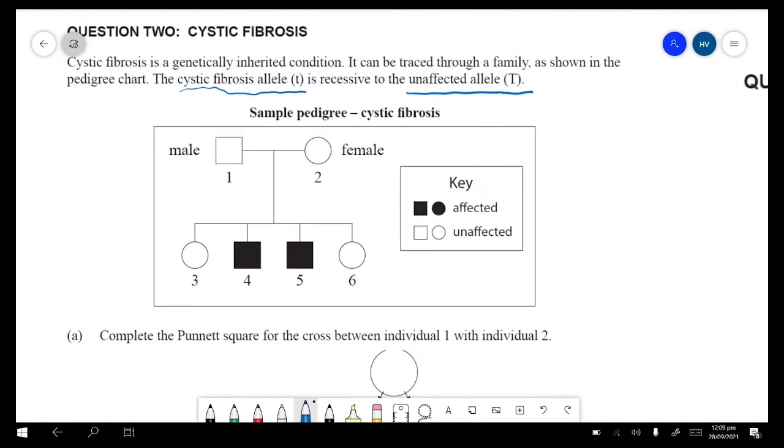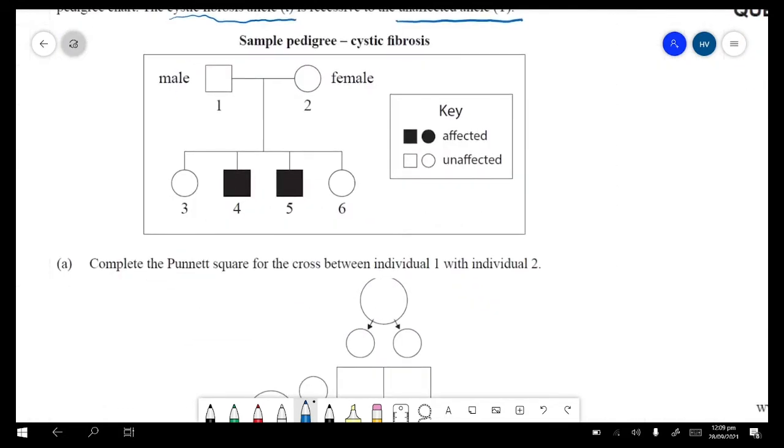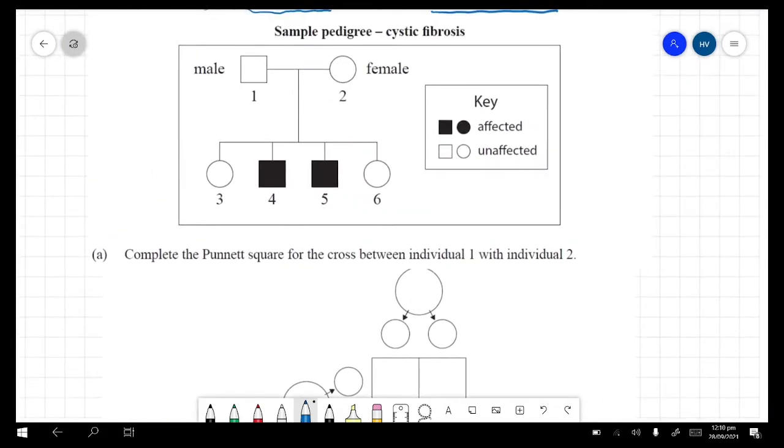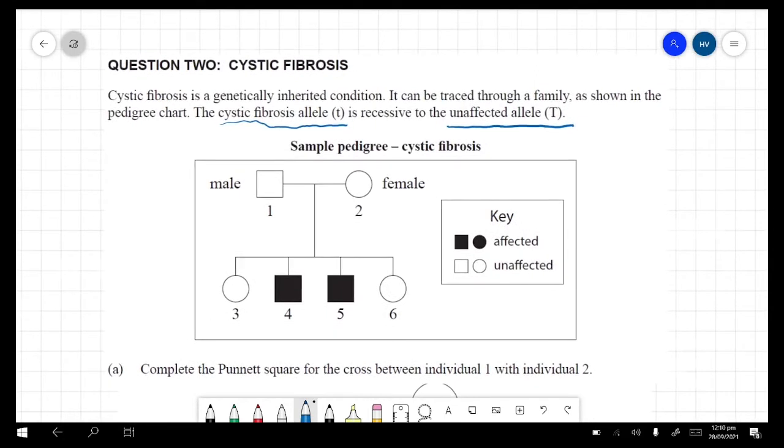So if you look at it, complete the Punnett square for the cross between individual 1 and individual 2. That is interesting. Complete the Punnett square for the cross between individual 1 and individual 2. Now let's look at this.